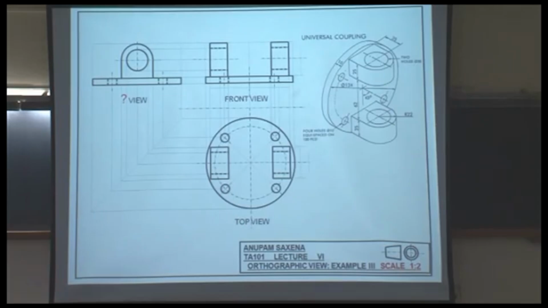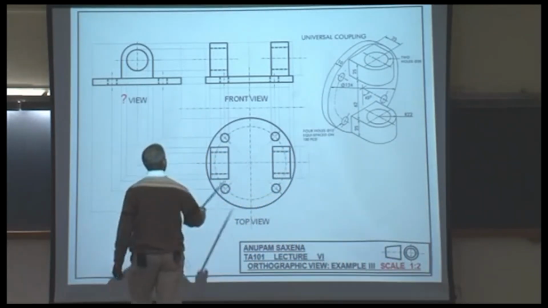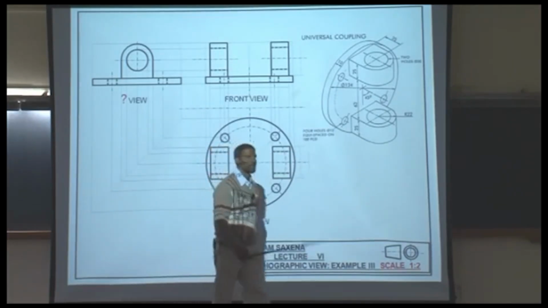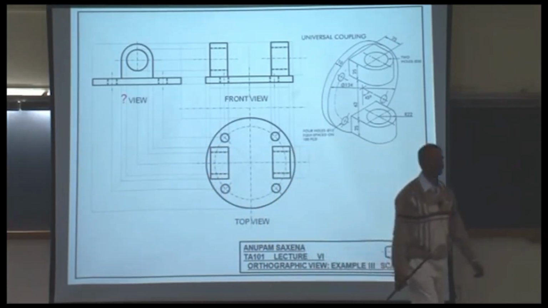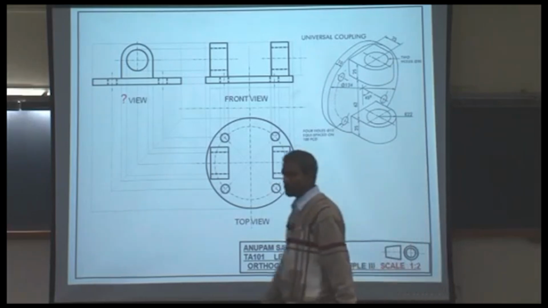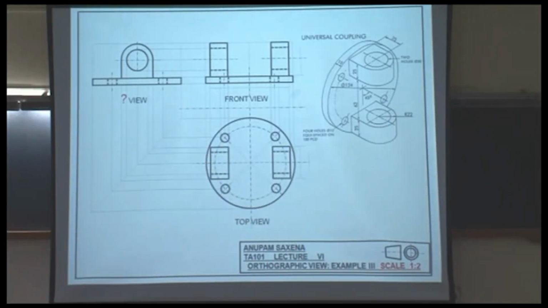You know what these are? Orthographic views. What is this? What is that? This is what we are going to be learning today, isometric views, to draw a single, so to speak, 3-dimensional picture of the object.